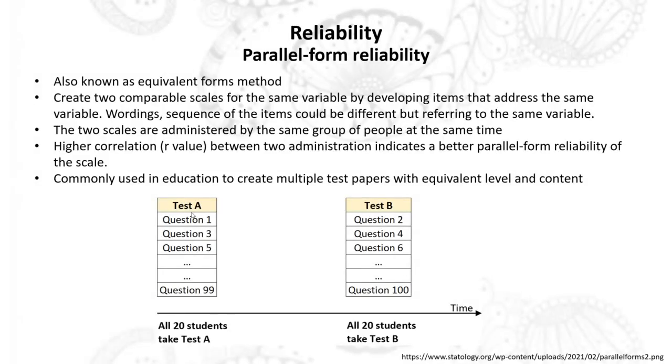Of course, if I want these two tests to have a high parallel form reliability, the R should be high again. If eventually the R is low, then I need to develop another test. Last point, it is common in education to create more than one test paper with equivalent levels and content.